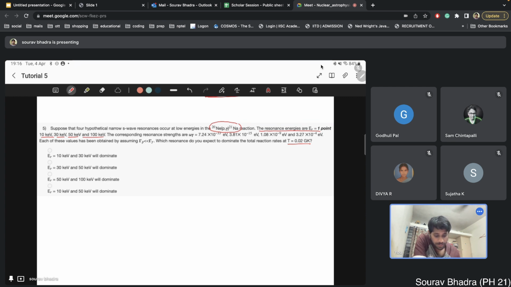If any of you can understand, please tell me why they have given the value of omega gamma, and this condition. I am telling you the truth, I don't understand why they have given this particular data for that problem, because they want me to do the problem using the gamma peak.